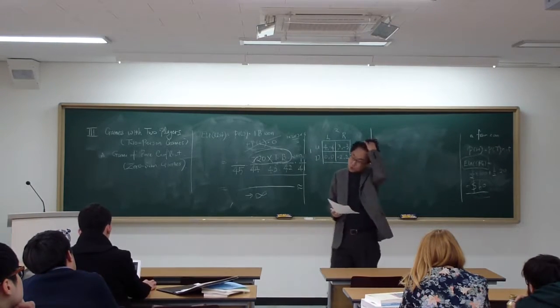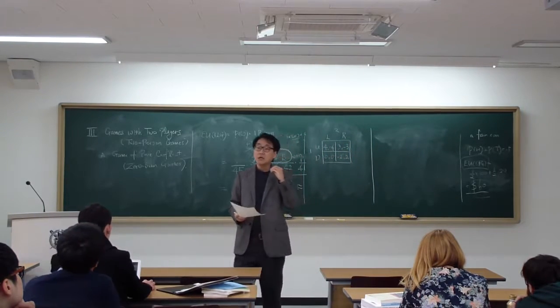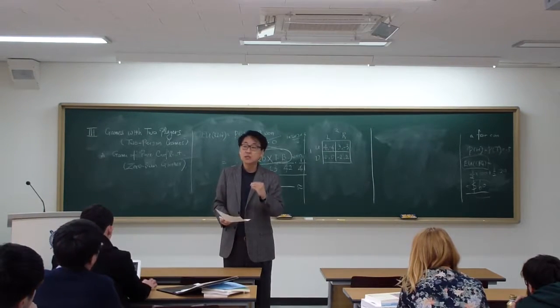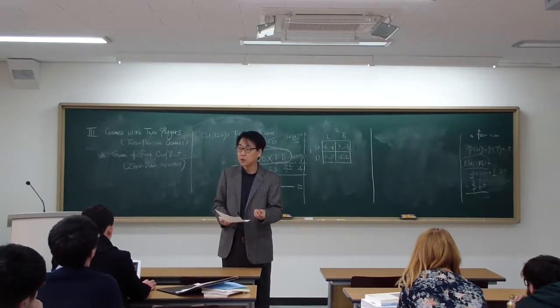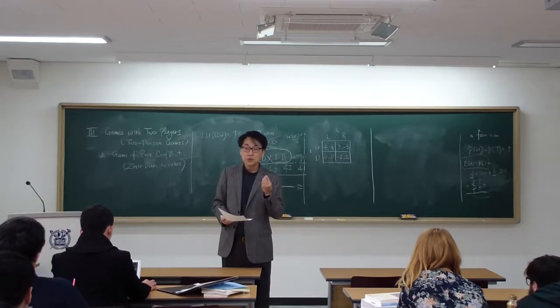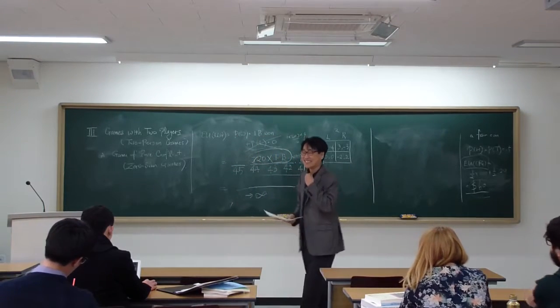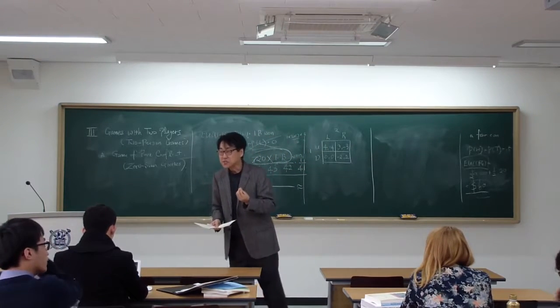Now, when you play the game, as an individual, what do you decide? Do you decide players? Do you decide outcomes? Or do you decide preferences? Like Ida just said, you decide strategies.